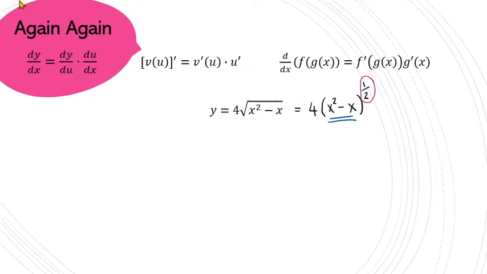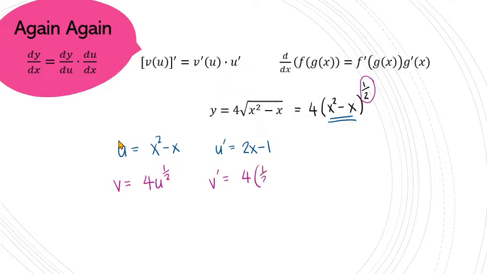So I'm going to find the derivative of our inner function, which I'm going to rename u. u prime is 2x minus 1, and I move on to v. Let's say v is 4u to the power of 1/2. v prime equals 4 times 1/2 times u to the power of negative 1/2. Just stepping down 1.